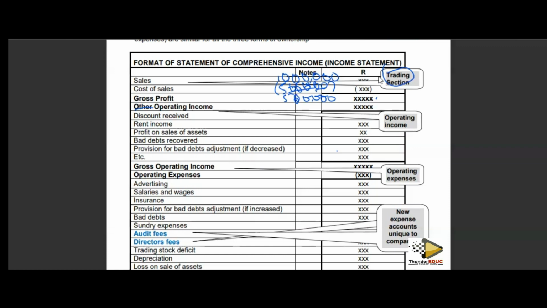Discount received. What is this? This is when we buy stock from our suppliers, and these suppliers give us a discount. For example, we bought stock and we were supposed to pay them maybe 10,000 rands.